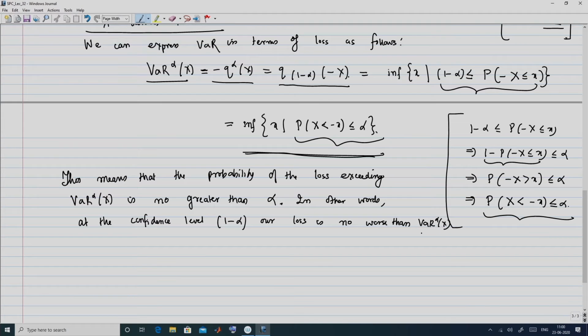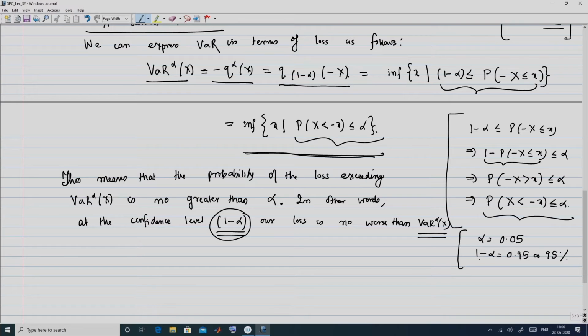So VaR alpha of x is the number which says that at a confidence level of 1 minus alpha... for example, suppose that alpha is equal to 0.05, then 1 minus alpha is equal to 0.95 or 95%.